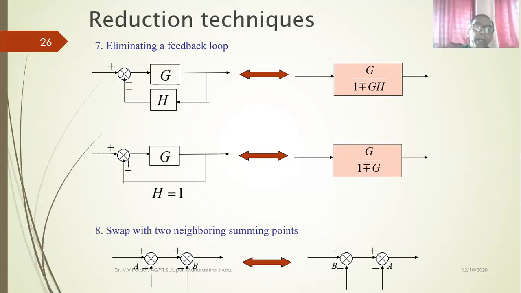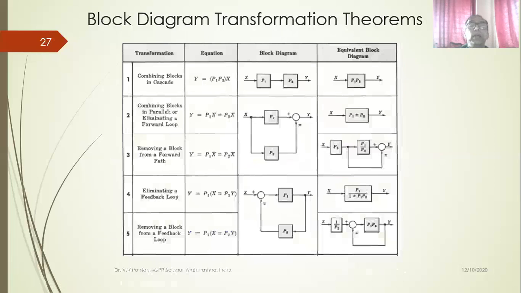I can bring B here. I can move A here. The swapping of summing points is possible only when there are no blocks between the summing points. Now B is moved here, and A is moved here. This is called swapping, just changing the position. So this is possible in the block diagram reduction technique.